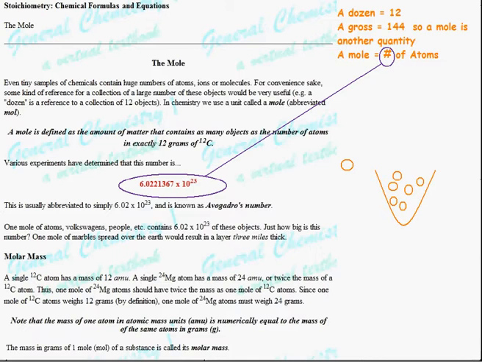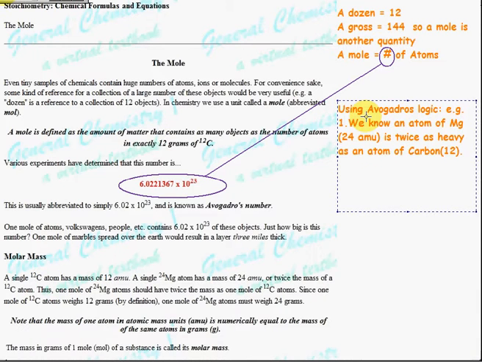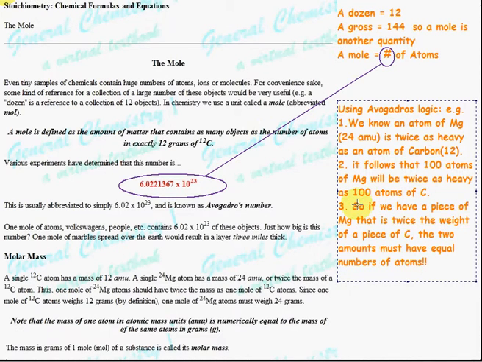Okay, so we have to follow the logic then. Using Avogadro's logic, if we know that an atom of magnesium is 24 atomic mass units, twice as heavy as an atom of carbon, which is 12 atomic mass units, it follows that 100 atoms of magnesium will be twice as heavy as 100 atoms of carbon. And if we extend that idea, if we have a piece of magnesium that is twice the weight of a piece of carbon, the two amounts must have equal numbers of atoms, and that just follows from logic.